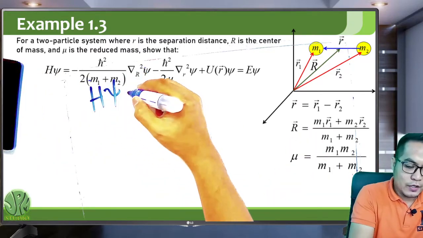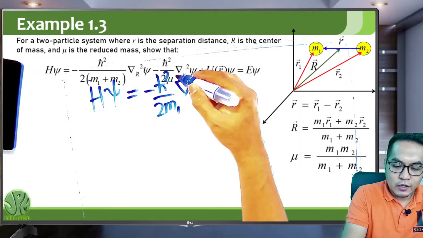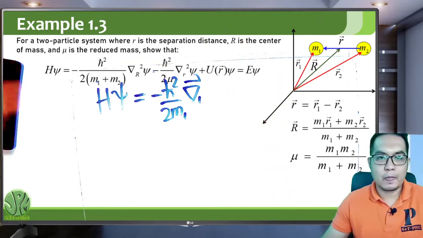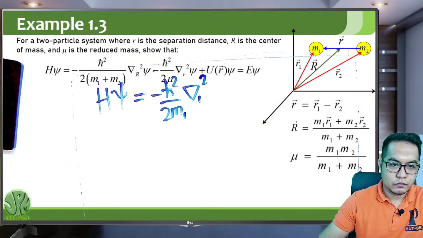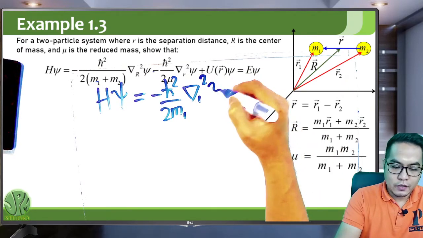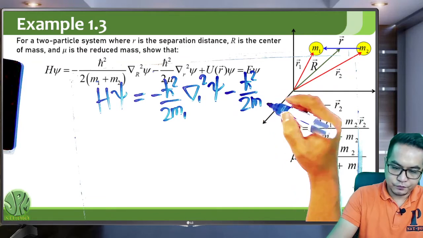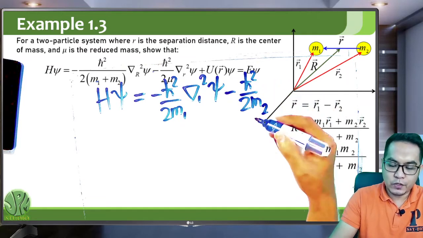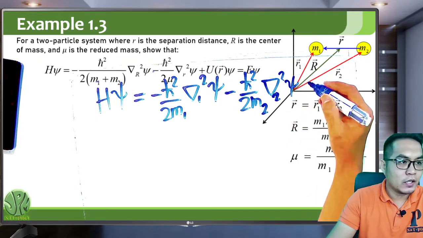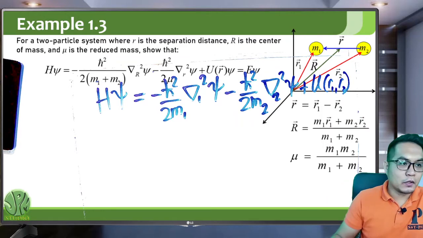H acting on psi will be the kinetic energy for particle 1, so h bar squared over 2m1, the del 1 squared acting on our wave function, the wave function of the system, plus the kinetic energy for particle 2, so h bar squared over 2m2, then the del 2 squared acting on psi, plus the potential energy of the system, so V of R1, R2, and this is equal to E of psi.